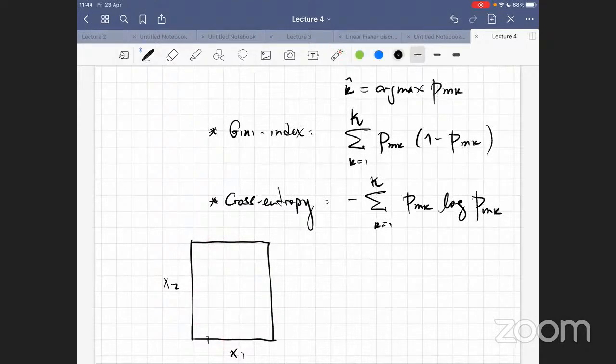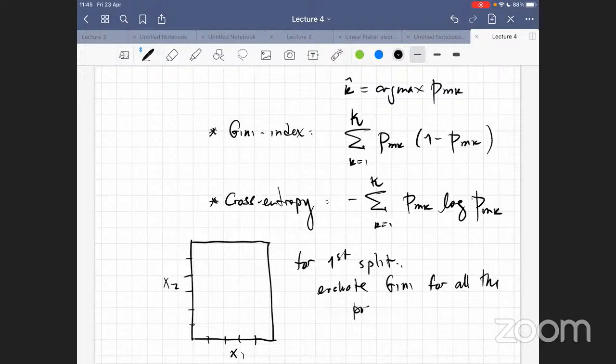Then I say, okay, for the first split, evaluate, for example, the Gini index for all the possible points of the grid.